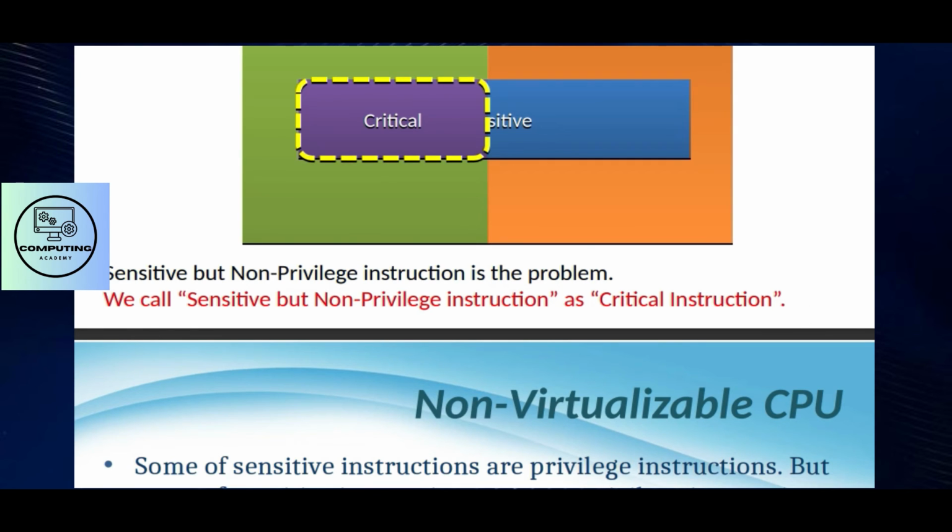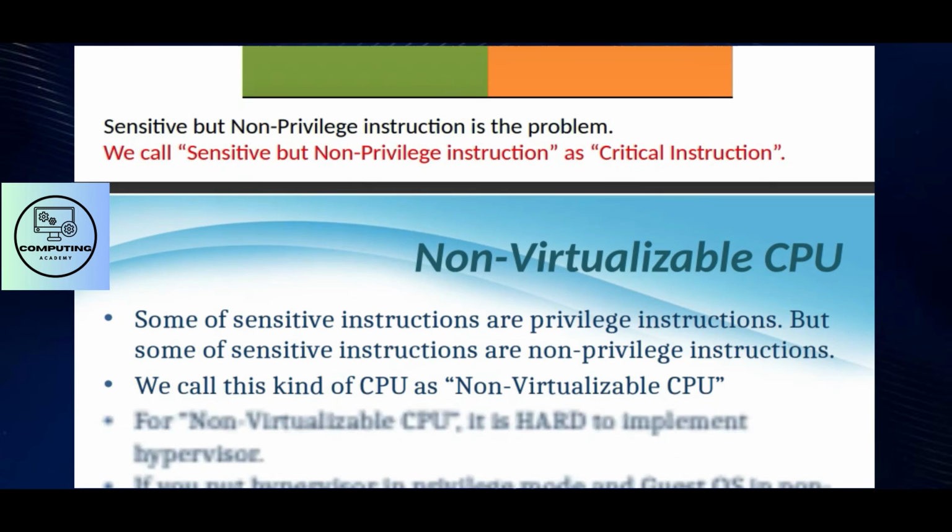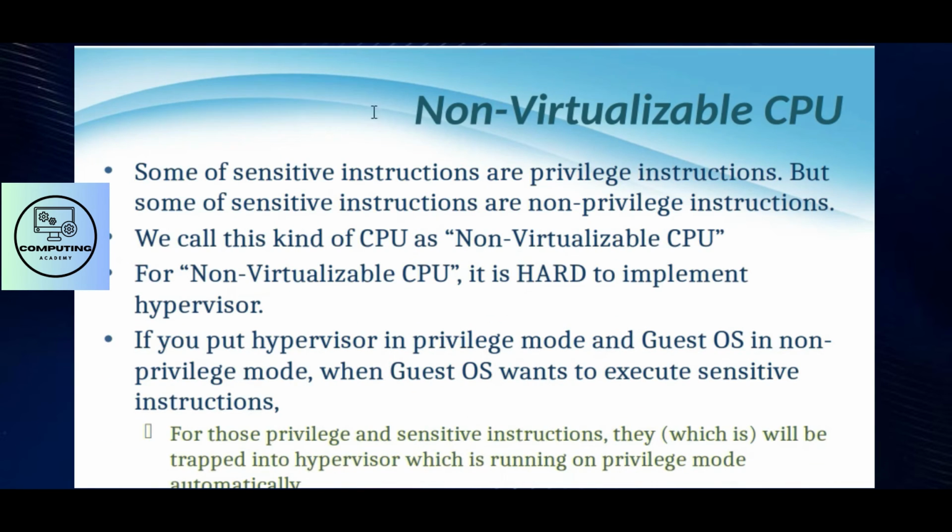Let's talk about non-virtualizable CPU more. Some of the sensitive instructions are privileged instructions, but some are non-privileged instructions, and we call this kind of CPU a non-virtualizable CPU. And for a non-virtualizable CPU, it is hard to implement a hypervisor.